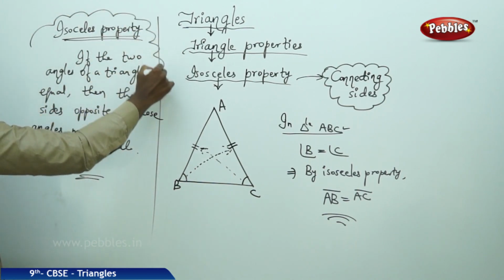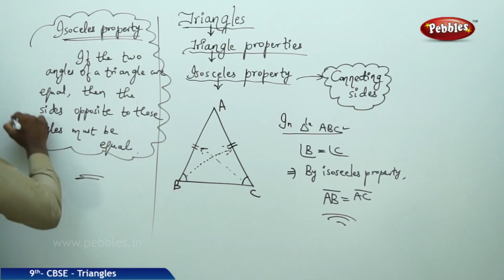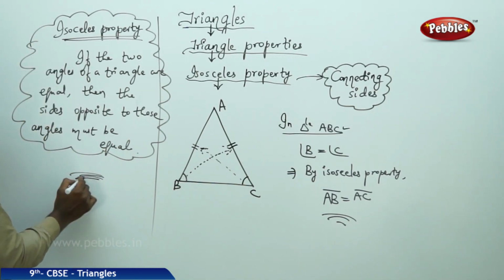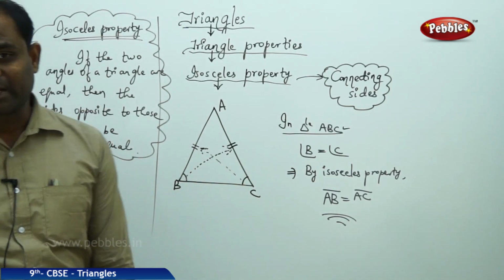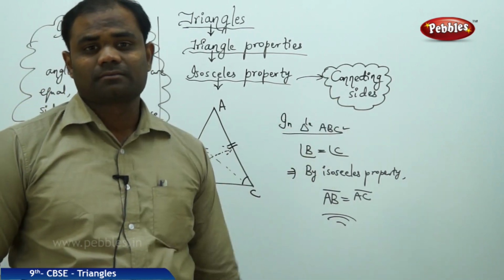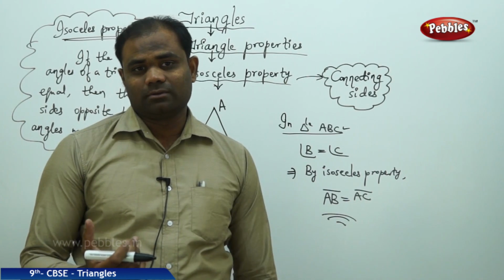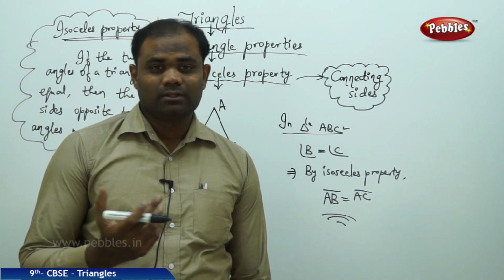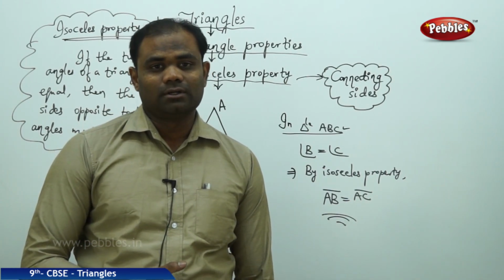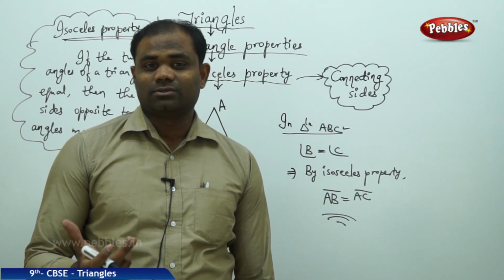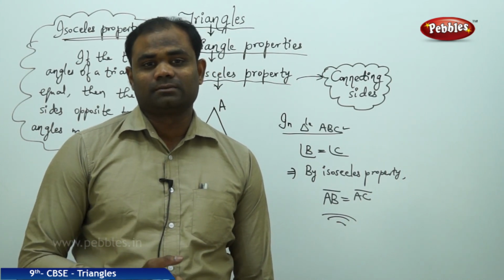This is how I define the isosceles property connecting the sides. Given the sides, the respective angles are equal. Given the angles equal, the respective sides are equal. This is how we define the isosceles property.